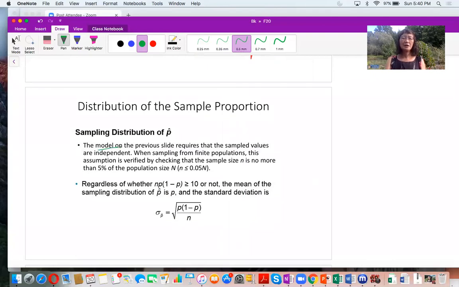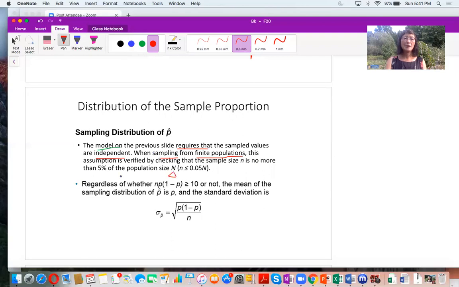The model in the previous slide requires that the sampled values are independent. When sampling from finite populations, this assumption is verified by checking that the sample size n is no more than 5% of the population size.